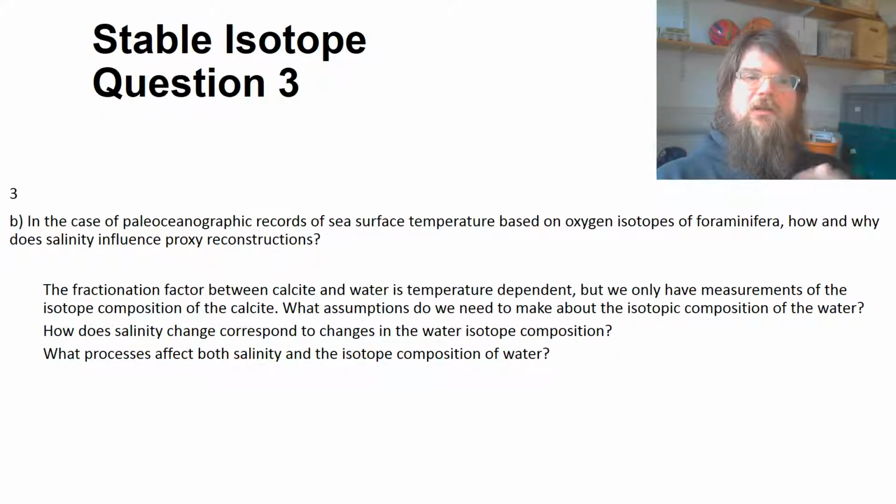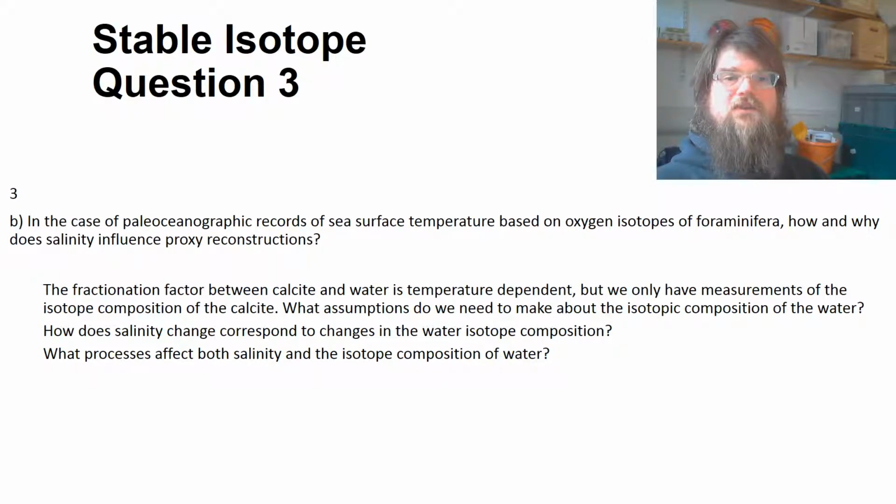Right, so the thing that this question is driving towards is, how does the salinity of some ocean water relate to any change of the isotope ratio of that water? Because that will then influence our assumption about the temperature calculation from the fractionation factor between these two phases, of which we only know one and we're assuming the other.